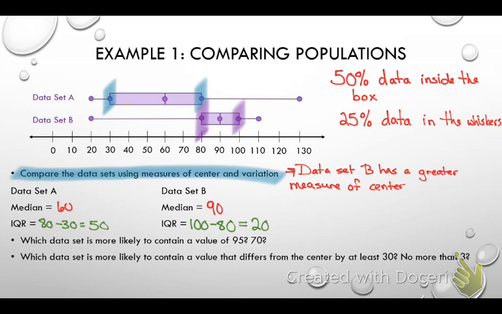So 50 is greater than 20, right? I'm kind of stating the obvious, but I'm saying that those values inside the box can vary farther outside of my measure of center, my median, okay? So I'm just going to put that in words.